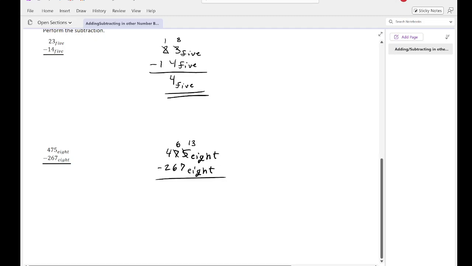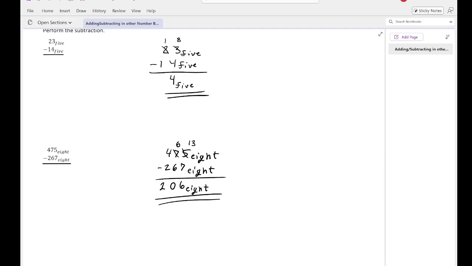Again, this is just because it's in our base system, we're converting it, so we can still use it as a 13 technically. So 13 minus 7 is going to give me 6. And then I'm going to do 6 minus 6, which is 0. And then 4 minus 2, which is 2. So 475 base 8 minus 267 base 8 is 206 base 8.